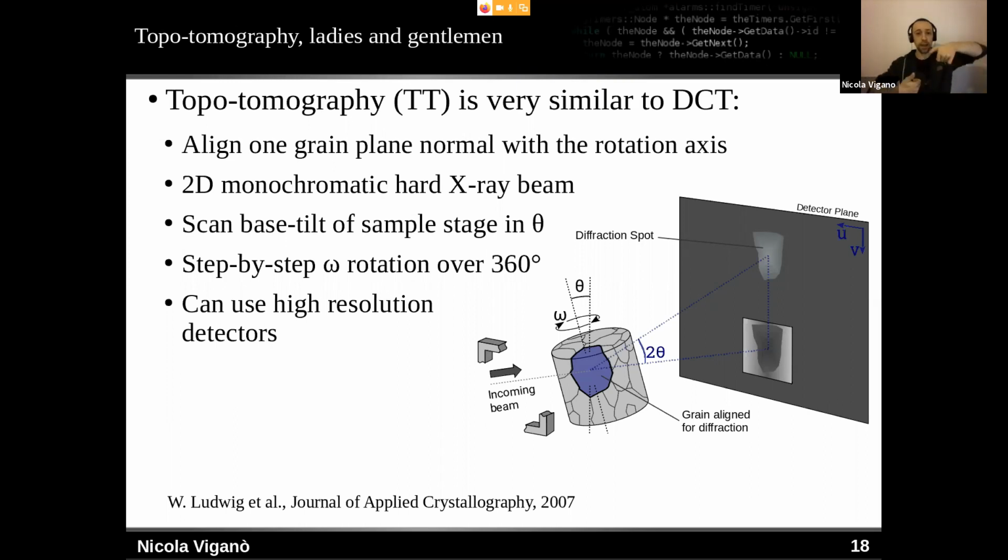And as we rotate around the 360 degrees, basically the diffraction spots for that plane normal stay more or less in the same position on the detector. So what changes with respect to the CT is that we can basically zoom in with higher resolution detectors, essentially, or higher magnification, and have better resolution for our images.